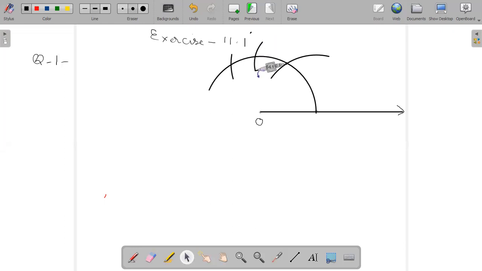One arc from here, another arc, very small, to take it here.